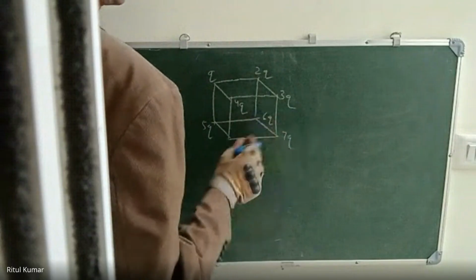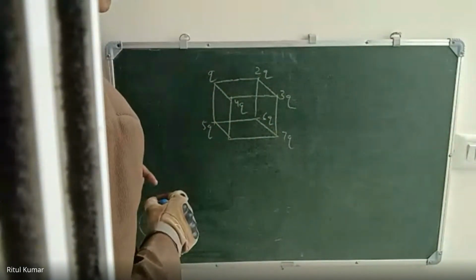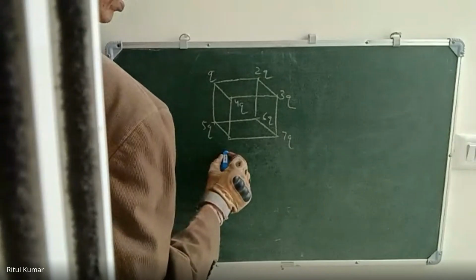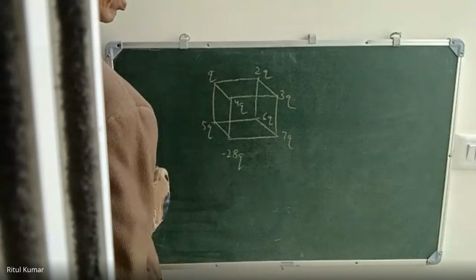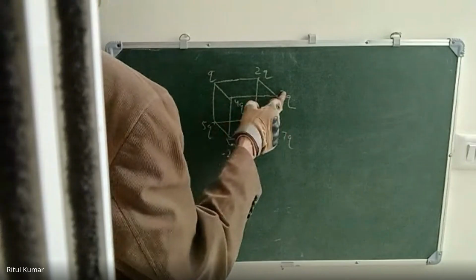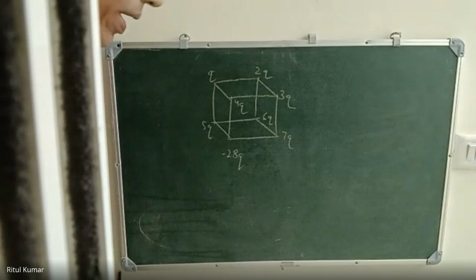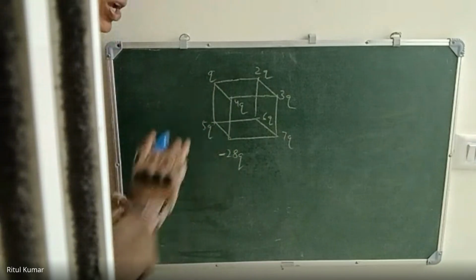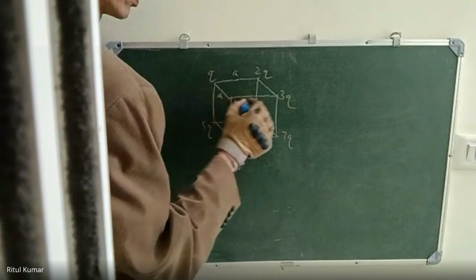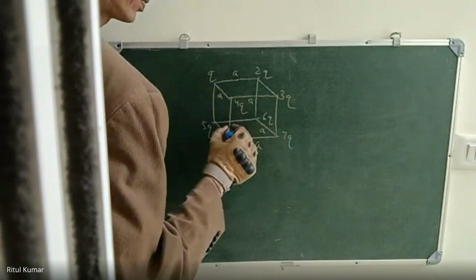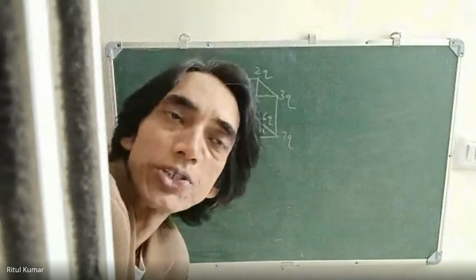How much in total? 28. Then minus 28 Q, on a cube of side length a. Net charge is 0. What is the dipole moment of this structure?